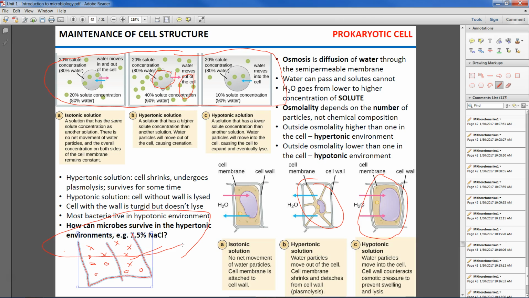Oh yeah. They have very high salt concentration inside of them. So they got adapted to those particular conditions. And actually you use that property that microbes don't really like hypertonic environment when you pickle cucumbers.